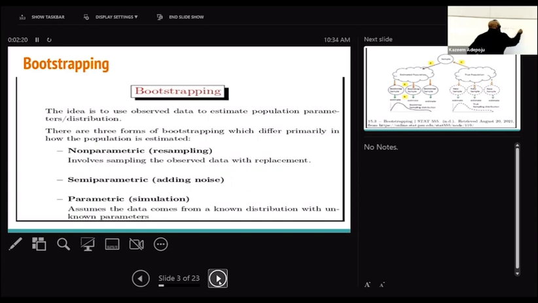This parameter here is a population characteristic value or characteristic values that we seek to determine. This is exactly what we have in mind.